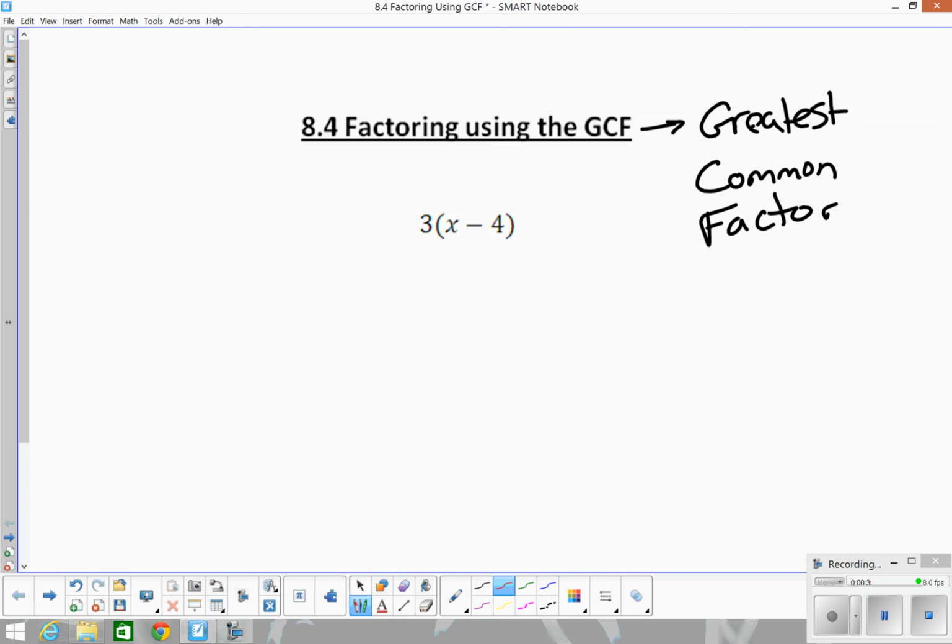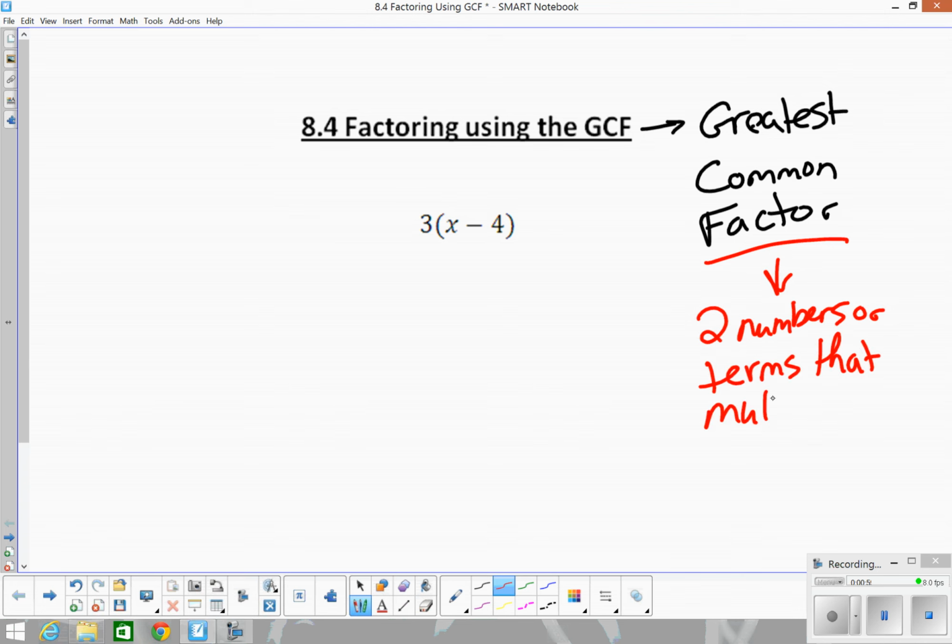Now, factor, okay, what does the word factor mean? The word factor means two numbers or terms that multiply together.